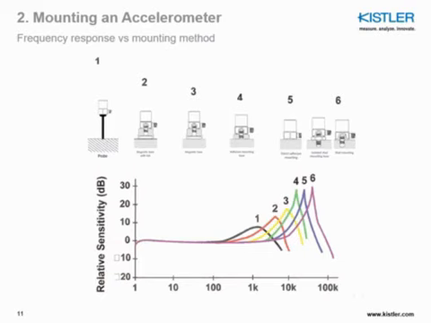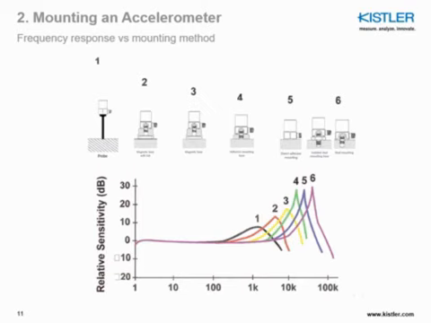Then, you have the direct adhesive mounting using glue or a very, very thin layer of wax. This should give you peak number 5. So it's still a good performance, of course not as good as the stud mount. Then, the next one will be number 4, the adhesive mounting base.